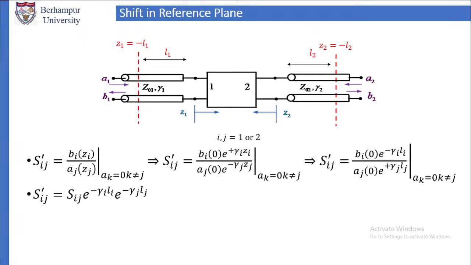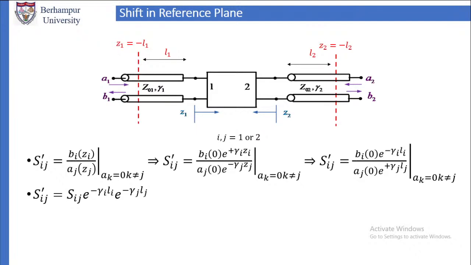Since we are changing from the reference point, at the reference point it will be Bi0 and Aj0. Due to the shift, there will be a phase change of the form exponential gamma i Zi for B and exponential minus gamma j Zj for A. These will be the shifts in the phase.